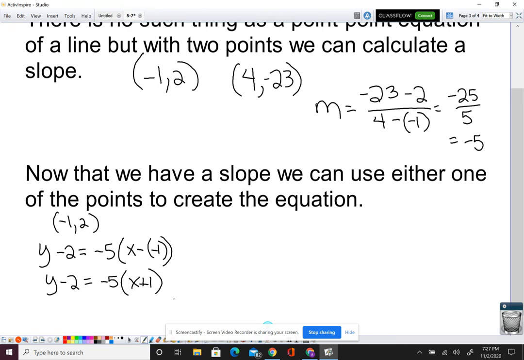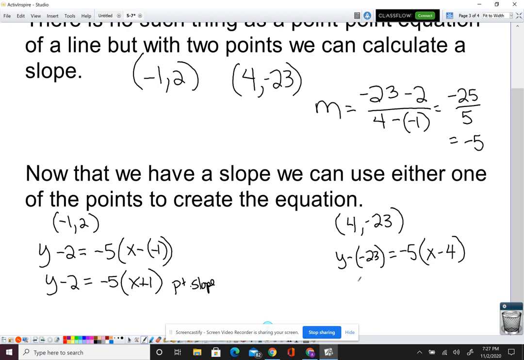There is our point slope form, simplified down. Now I'm going to use the other point, (4, -23). So y minus a -23 equals our slope of -5 times x minus our x coordinate. And we're going to simplify down those two negatives.